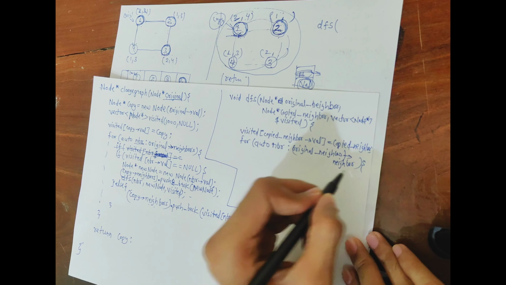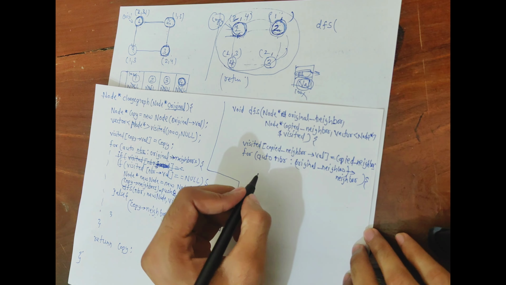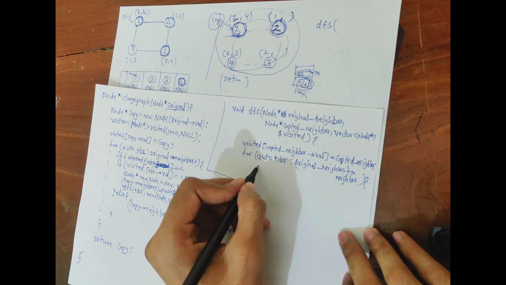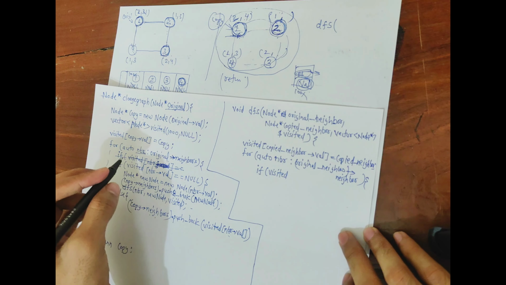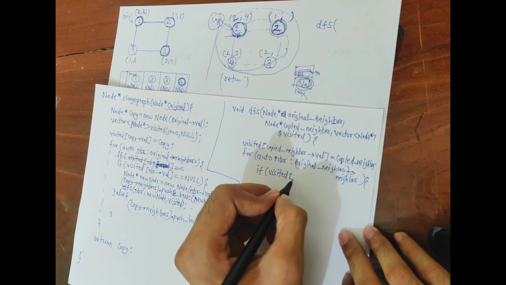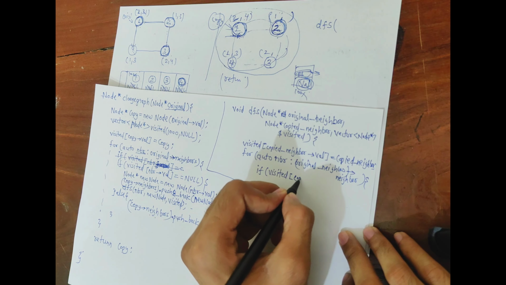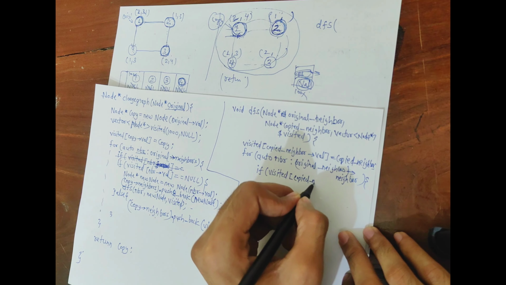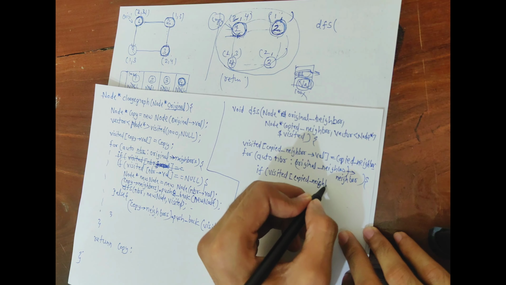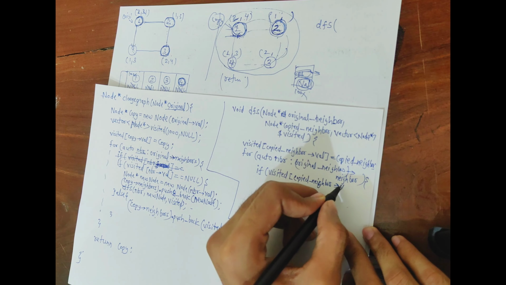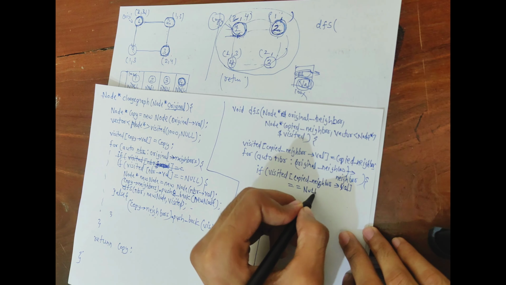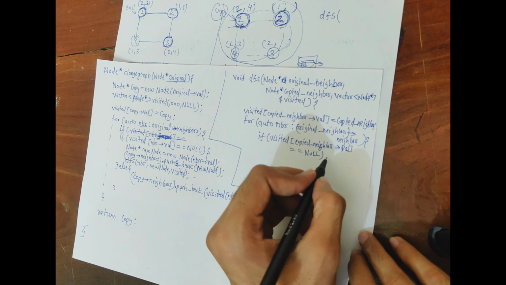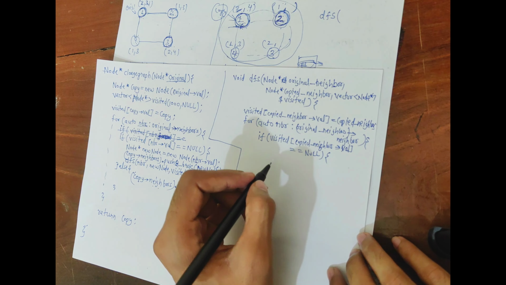Now I need to do my thing. First of all, I am doing the thing only if visited of copied NBR value is equal to null. Only then am I doing the recursive call.